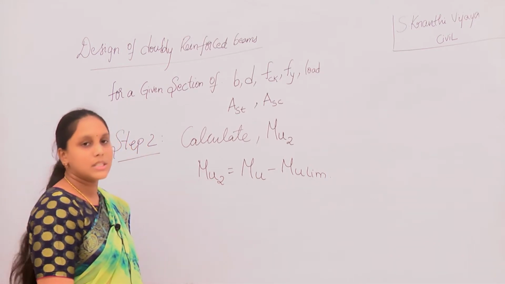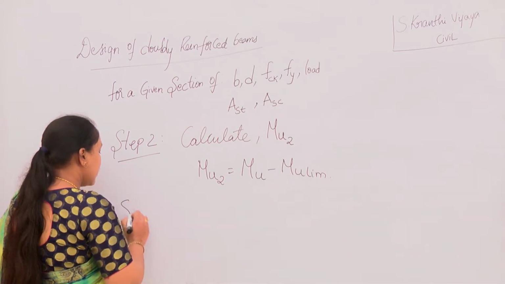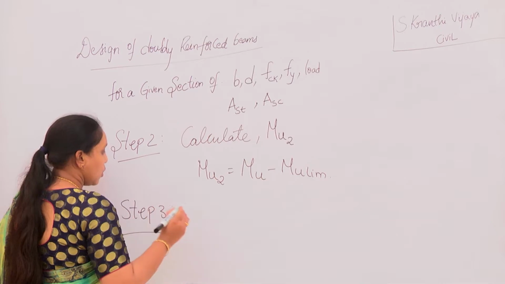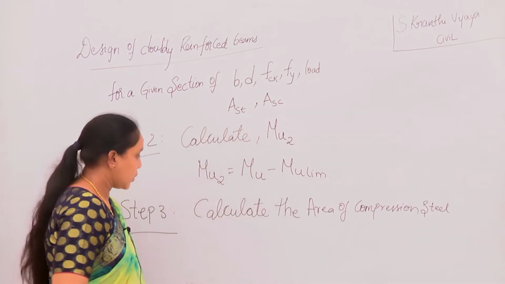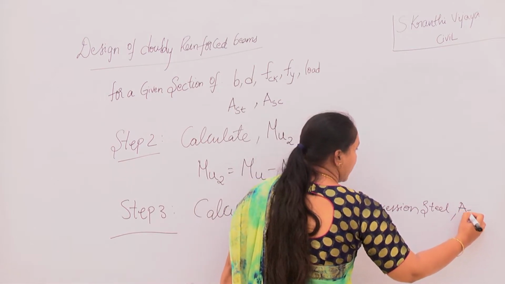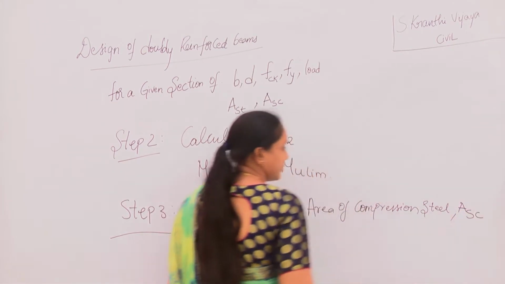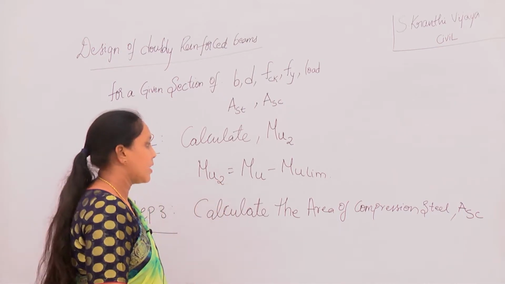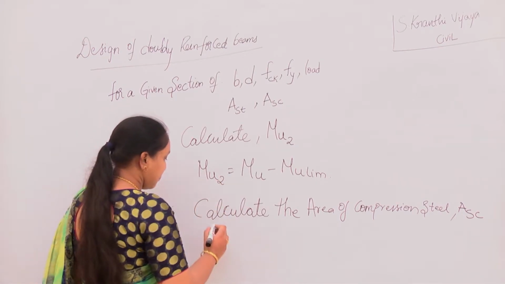Now we know the additional moment. What is the next step we have to follow? We have to calculate the ASC corresponding to the additional moment. How will you calculate ASC?